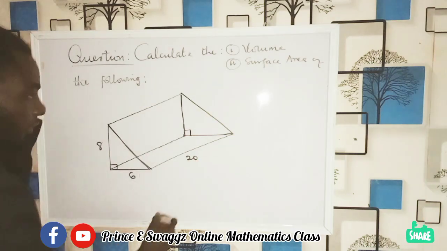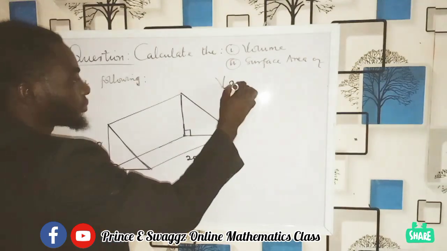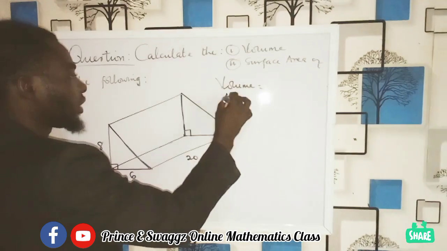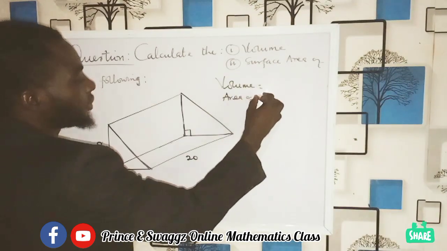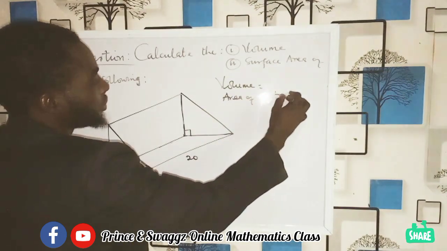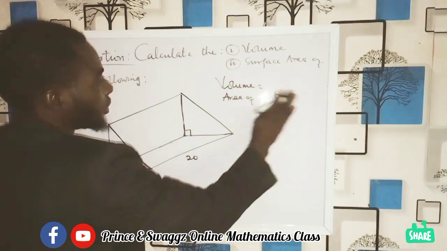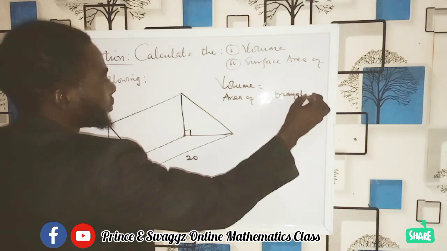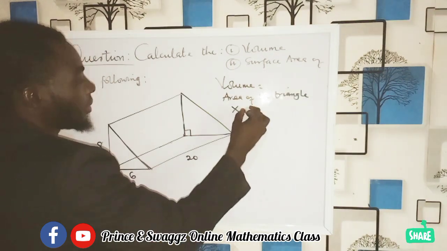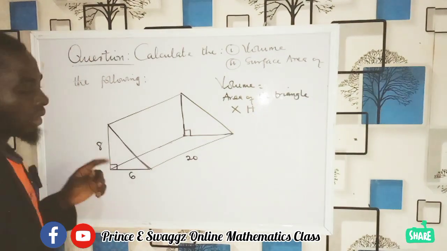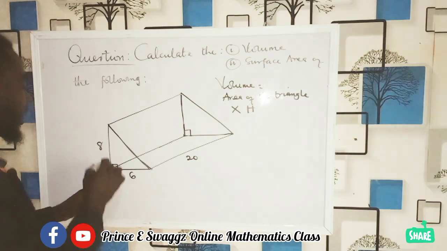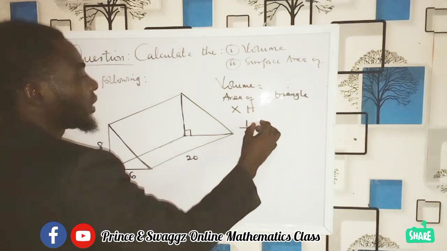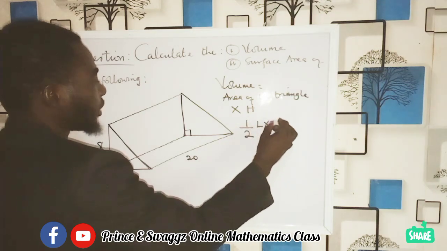So the volume now will become the area of the triangle base multiplied by the height. And the area of a triangle, because this is a right angle triangle, gives us 1/2 length times breadth.